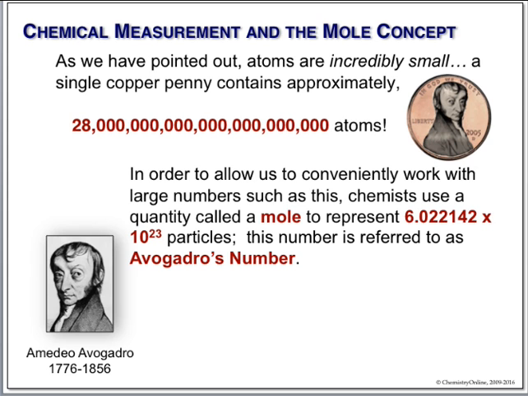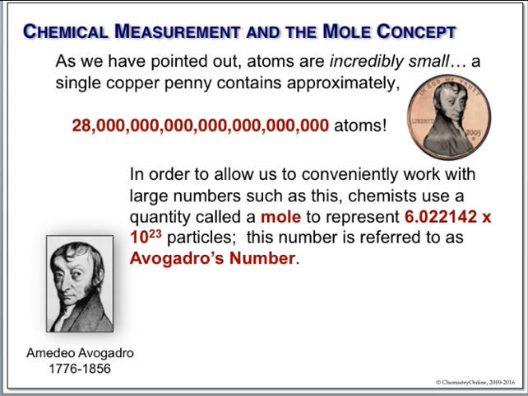When we talk about atoms in chemistry, we all realize that they're very, very small. A penny is about 28 sextillion. We talk about big numbers and small numbers all the time. In order to make doing calculations with numbers easier, chemists have developed what's called the mole concept.